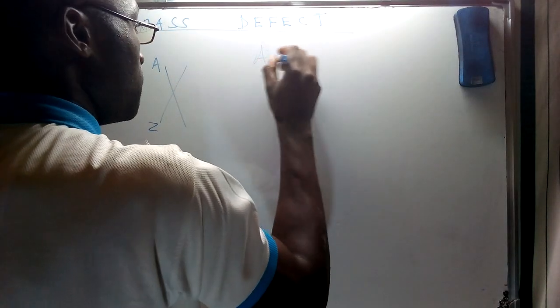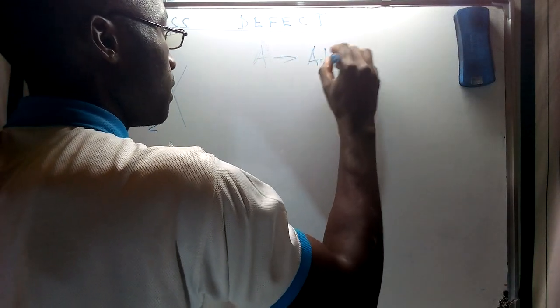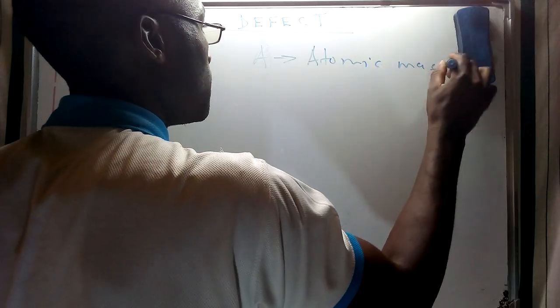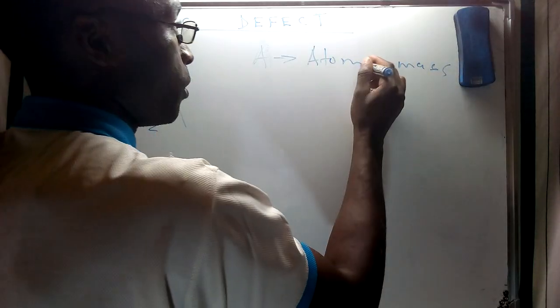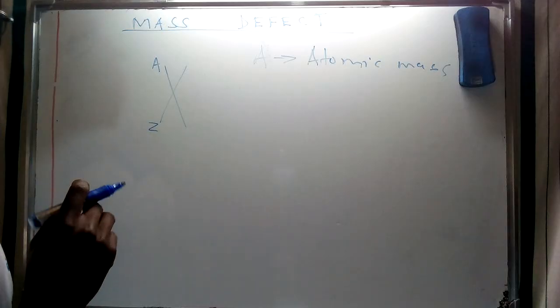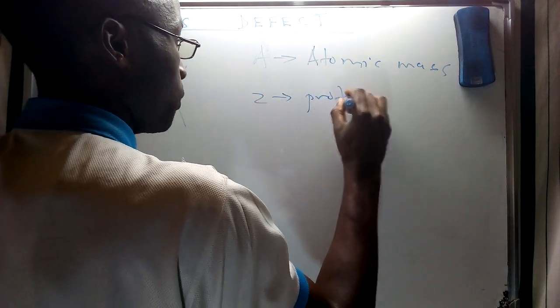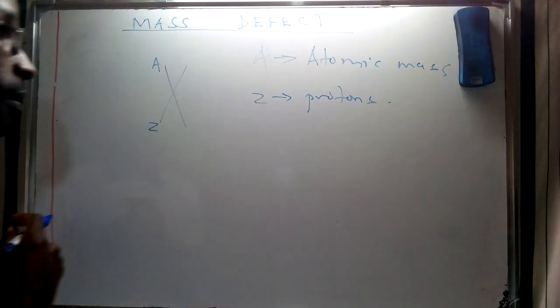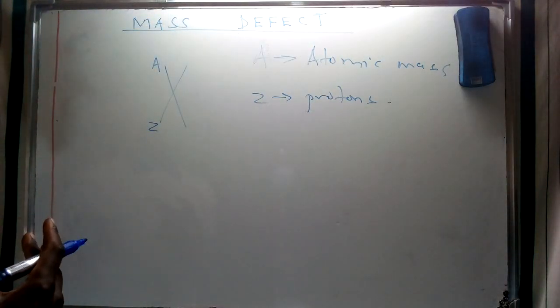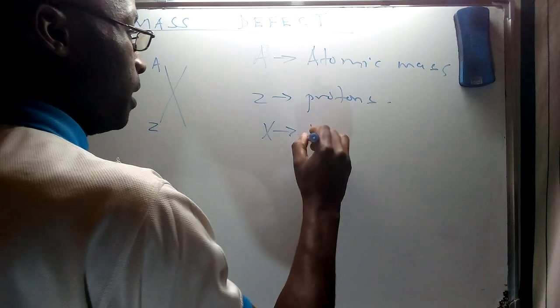So if I can give a summary, this is the atomic mass, which basically is the number of neutrons plus protons contained in a specific atom, and then we have Z, which is the number of protons contained in that specific nucleus. We are going to see also that X is going to represent the element.